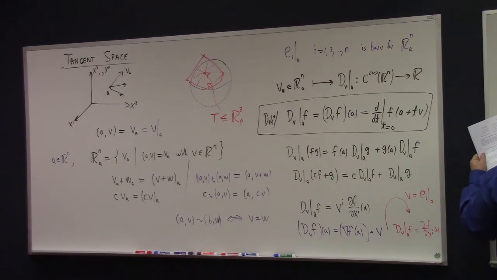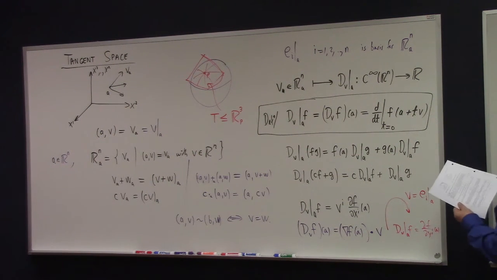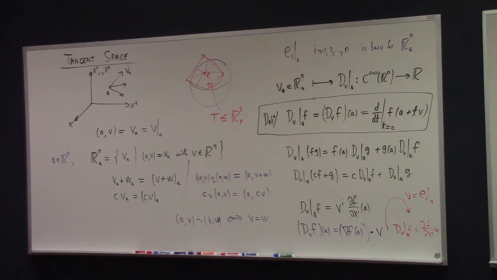In particular, W of fg is equal to f of a W of g plus g of a W of f. These are real numbers, so they commute; you could write them in either order. But there it is: it's linear, and it satisfies the product rule or the Leibniz rule. That makes it a derivation.